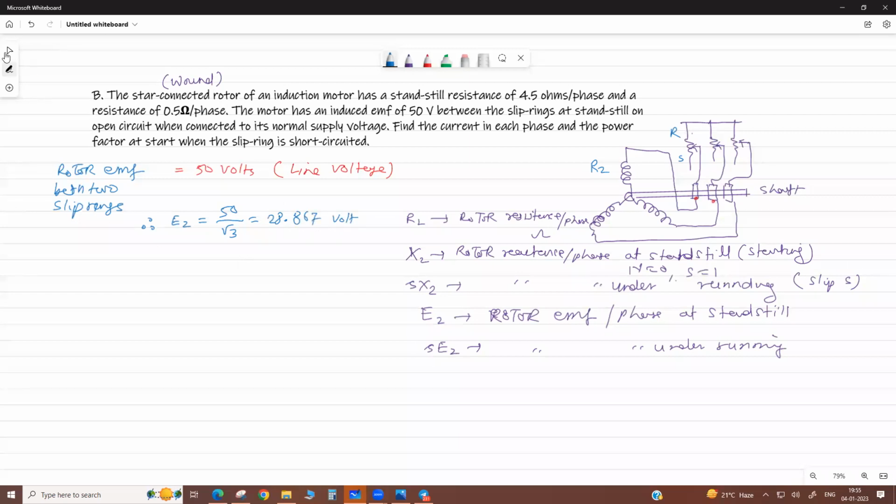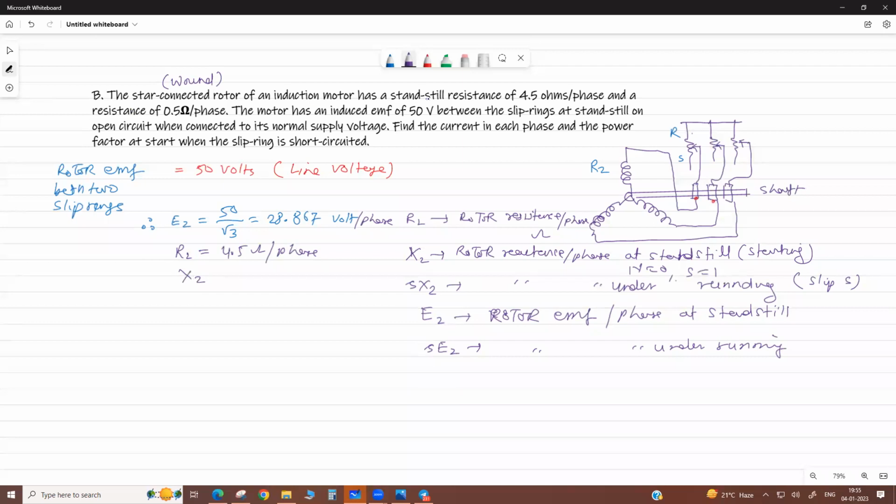Now, fast we write. Just take a minute. Here another parameter: it has a resistance, 4.5. Very good, 4.5 ohm. This is also per phase.